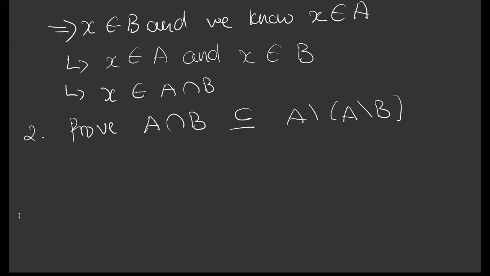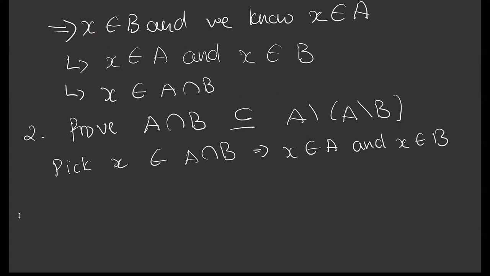Same process, we pick X from A intersect B and use the set definition. It is X is in A and X is in B, which means X cannot be in A exclude B, right?